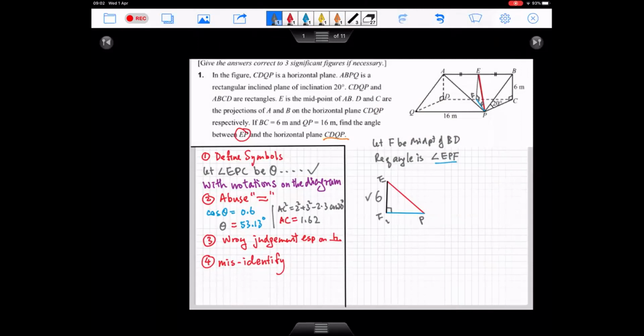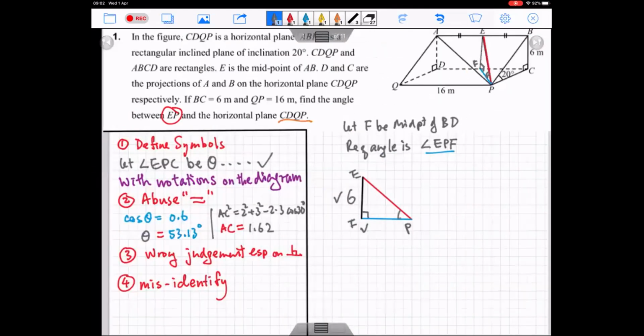We have 1, 2. Now we need a third piece. You can try to do it with the red line EP, or you can do it with the blue line FP. So one way or another, we can get this angle. The answer will be 18.1 degrees, if I'm not mistaken. Let me check my answers. It should be 18.1 degrees. You can do it through the red line, or you can do it through the blue line.